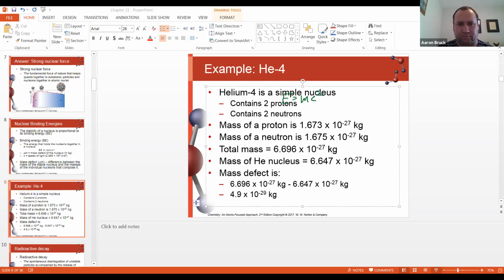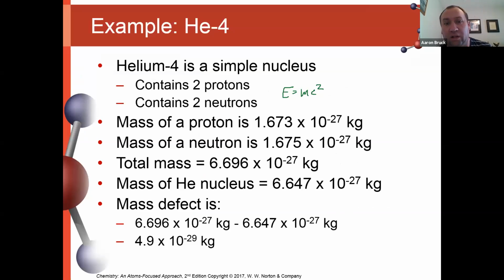So we're not talking about a whole lot of mass here, but if we take that and multiply that by the speed of light squared, we would get a relatively significant amount of energy on the atomic level.